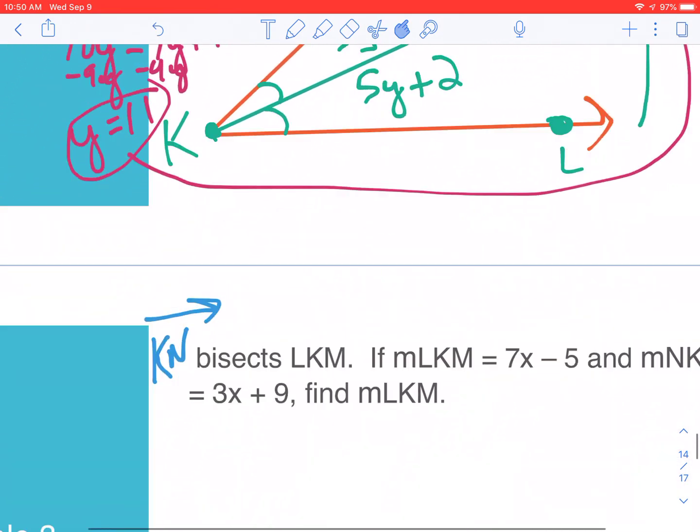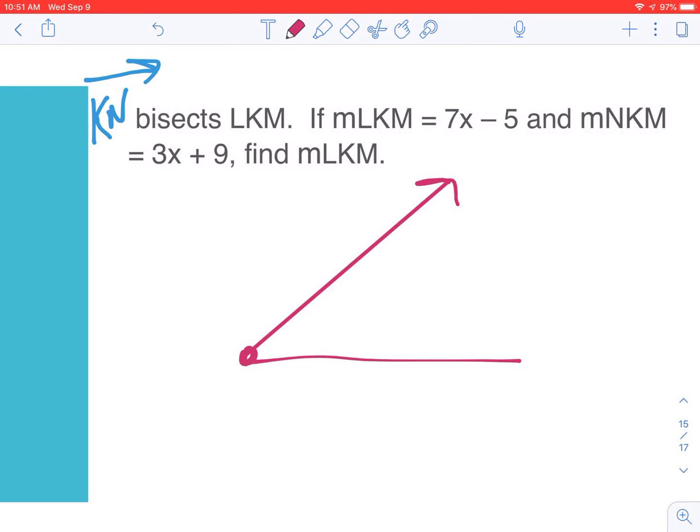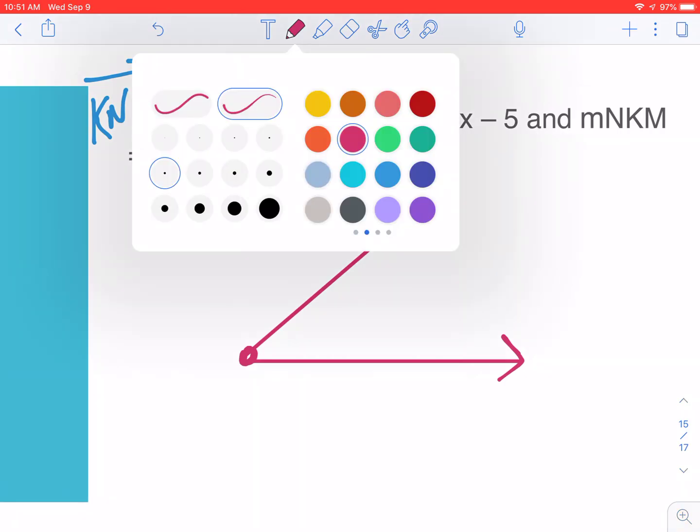All right, let's try another one. I'm going to draw my angle. This time I'm going to draw it smaller. So we have KN bisecting again. I'm going to pick a different color.